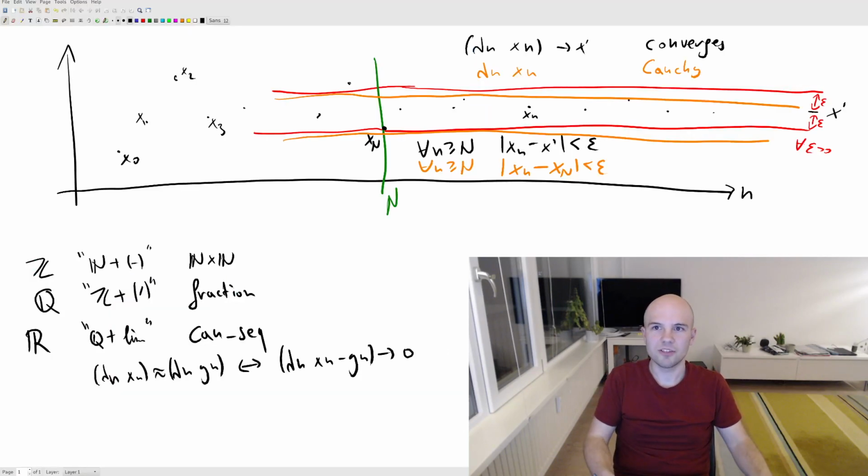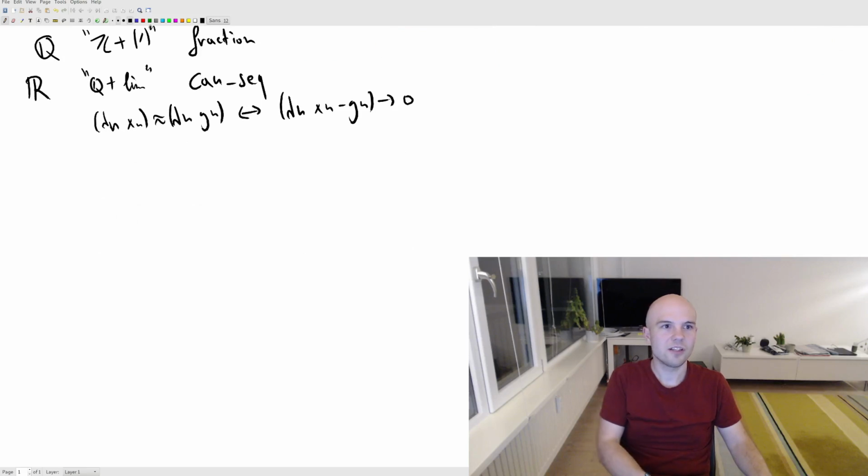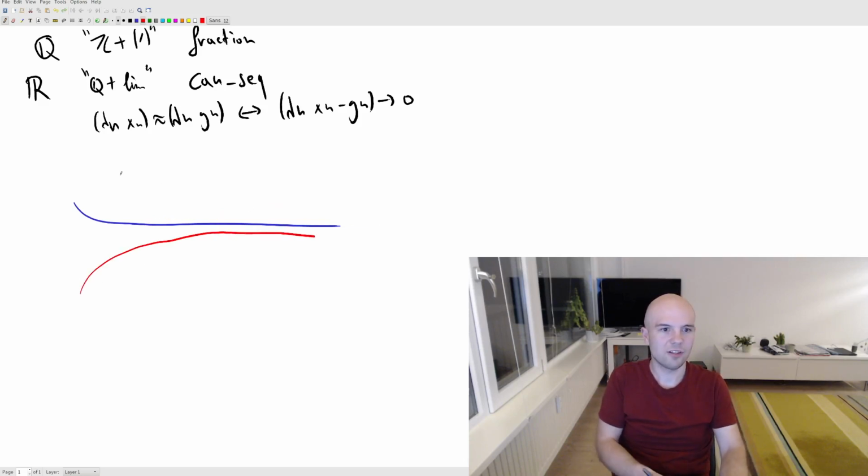So maybe I should draw a picture. What we have here is 3 sequences. We have one sequence, a second sequence, and a third sequence here.